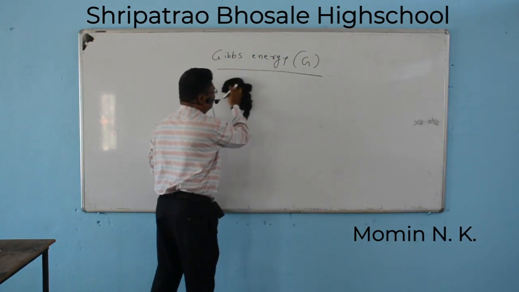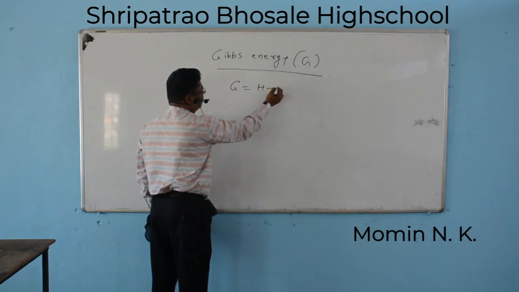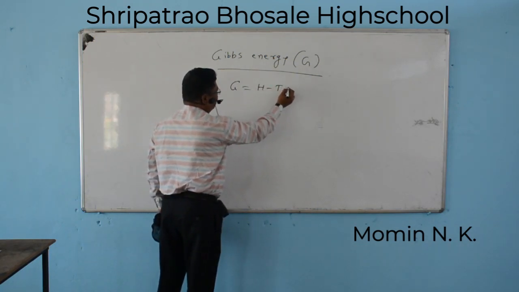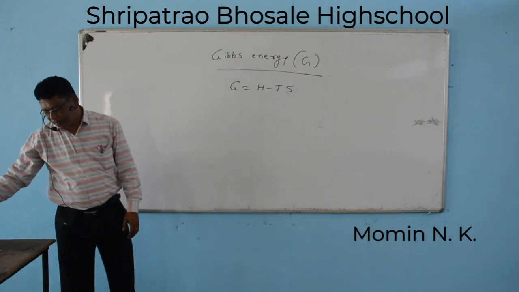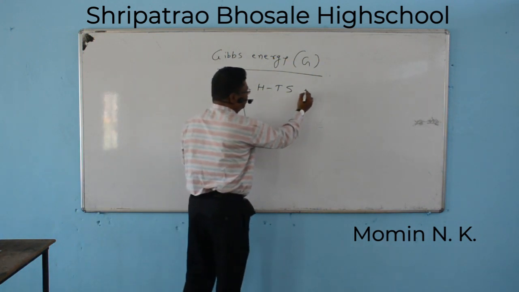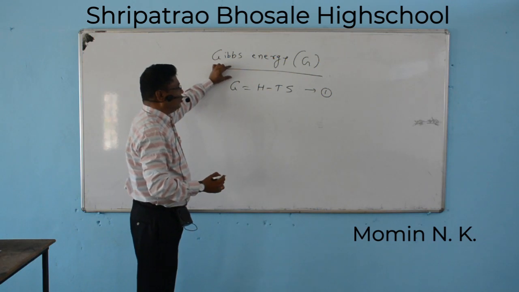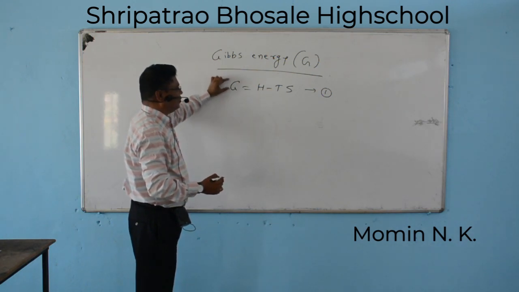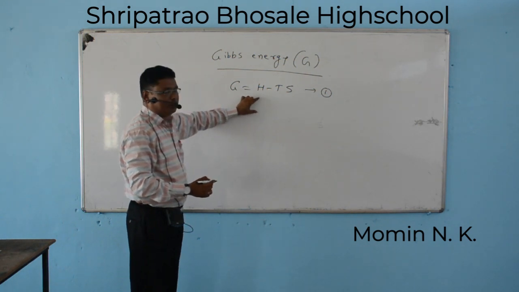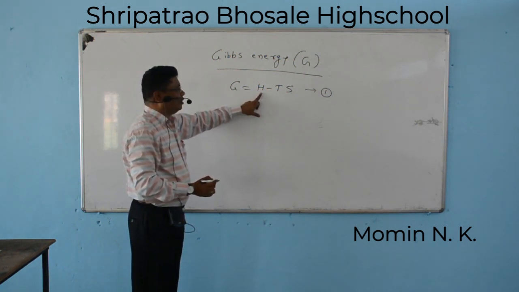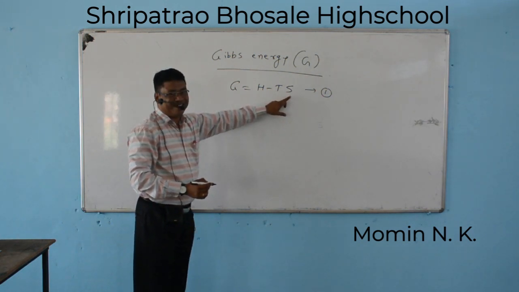Gibbs energy is defined by the equation G is equal to H minus TS. This is equation number 1. Gibbs energy G is equal to enthalpy H minus temperature into entropy.